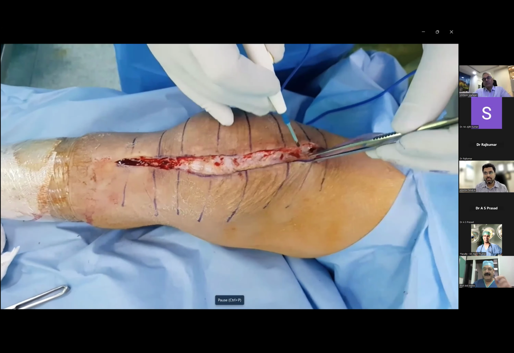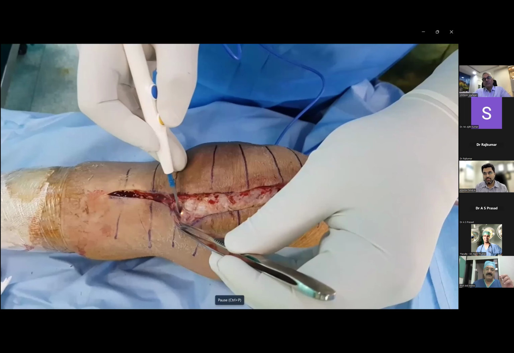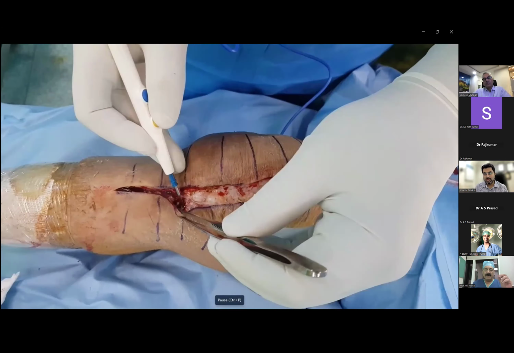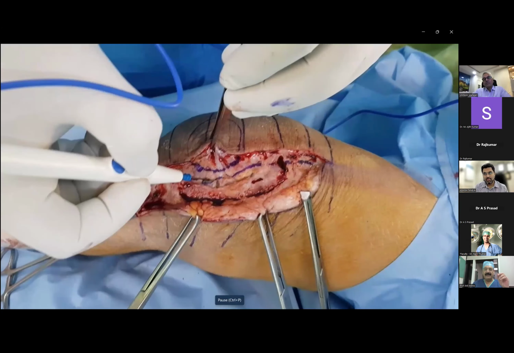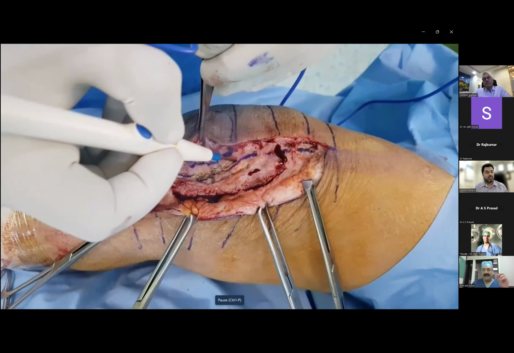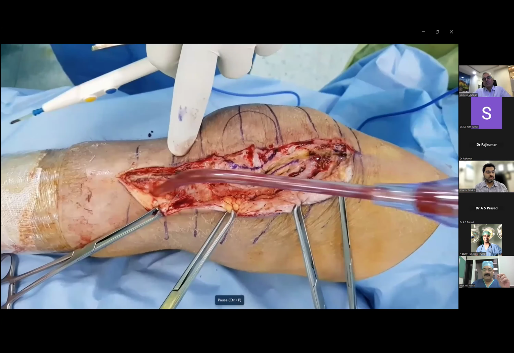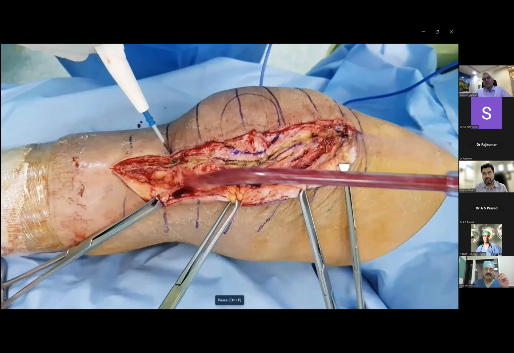Again, if you find it difficult to find the planes, go in the normal areas at the proximal and distal end of the flap. You raise the flap on either side, and the majority of times you use a medial parapatellar arthrotomy. This is what we use in the primary knee also.